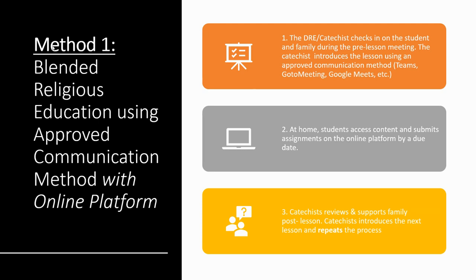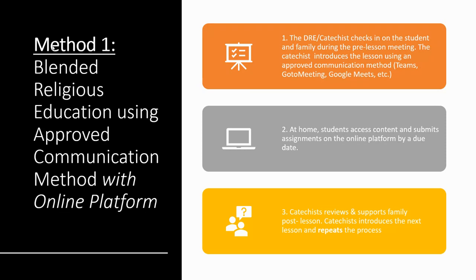So first and foremost, with a blended learning model with religious education, the DRE and catechist check in on the student and family during a post-lesson, pre-lesson meeting. Now, the catechist introduces the lesson using some approved technological means, such as Teams, GoToMeeting, Google Meets, etc., in order to check up on the family.